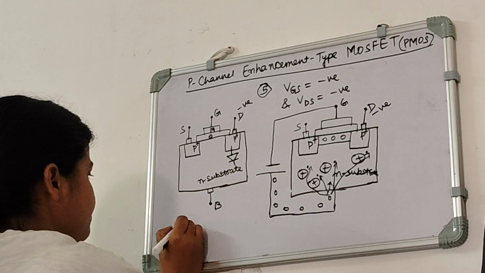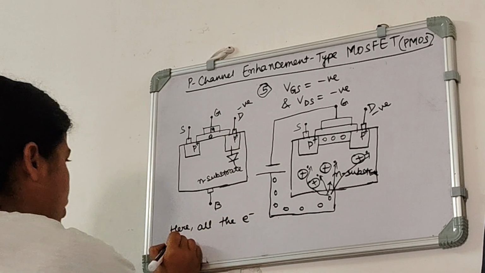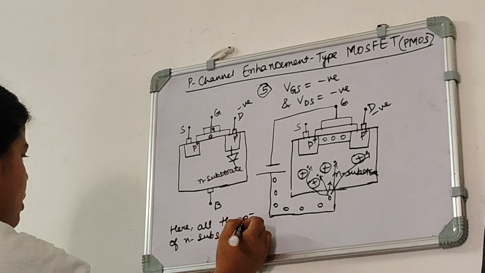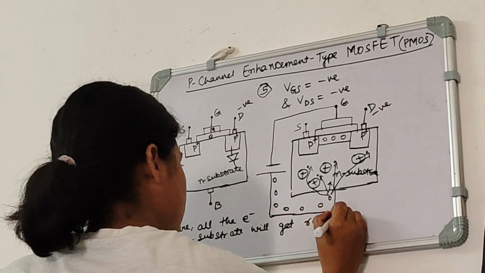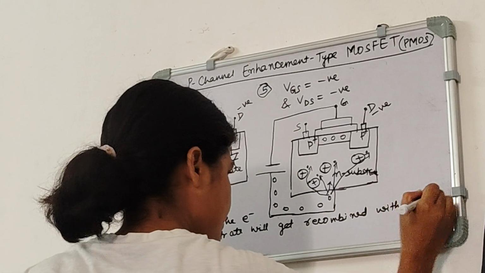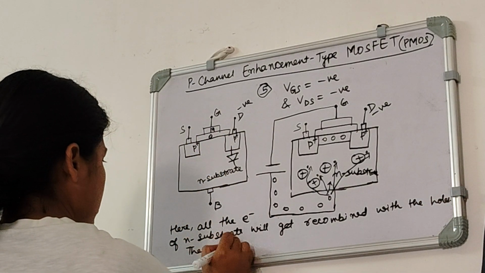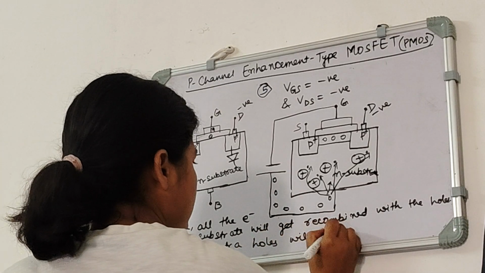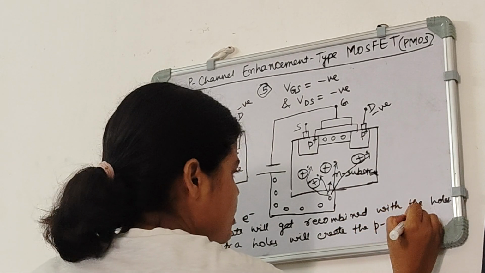Like here, all the electrons of the N substrate will get recombined with the holes, and the extra holes will create the channel, that is the P channel, because the channel is created due to holes.